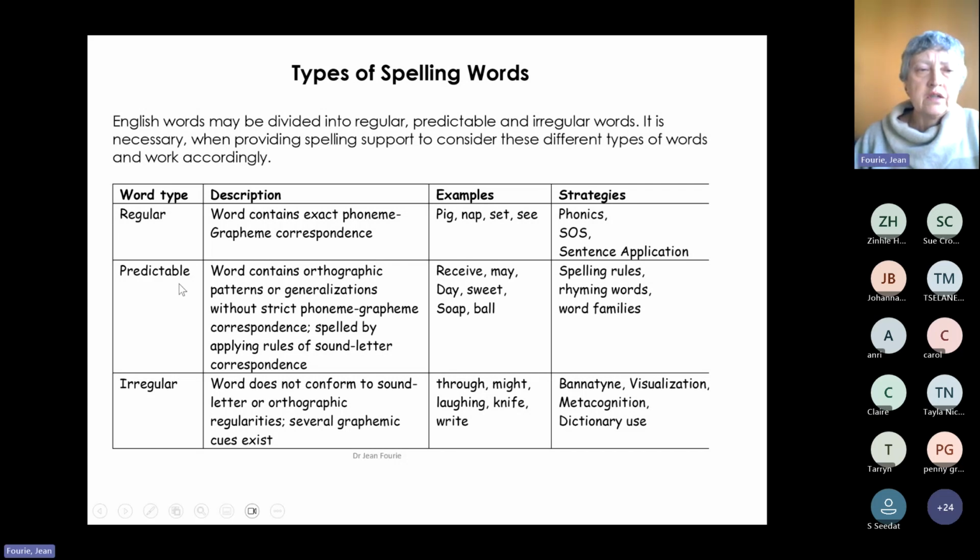The second type of word is predictable words. Predictable words contain orthographic patterns. So the pattern, the generalization in this word is something that we can learn because there isn't a very strict phoneme grapheme correspondence in these words.